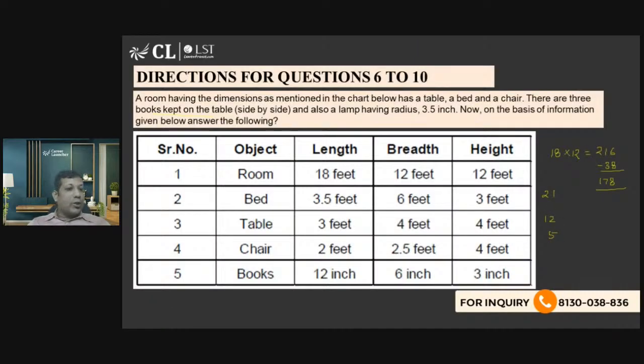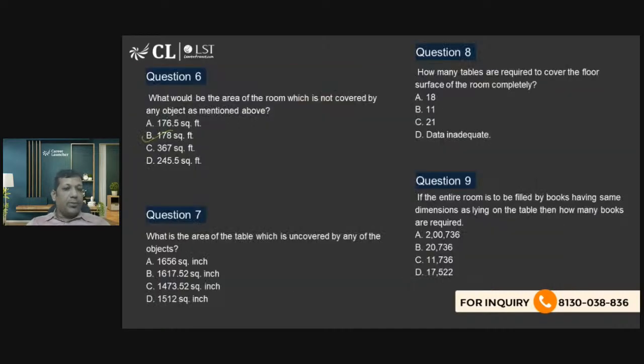If I talk about area of table, that is 3 into 12, I'm converting foot into inches, so 4 into 12. So, this is the area in square inches. The reason I am converting into square inches is because all the options are in square inches.